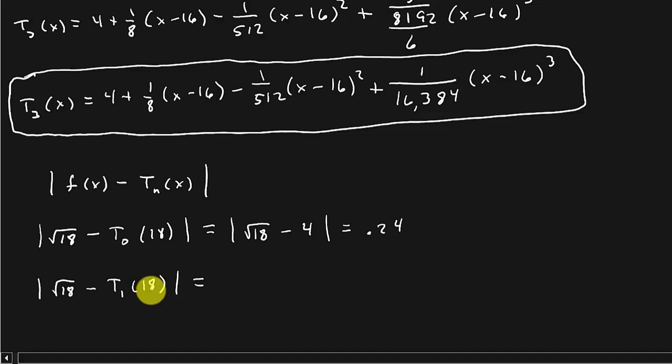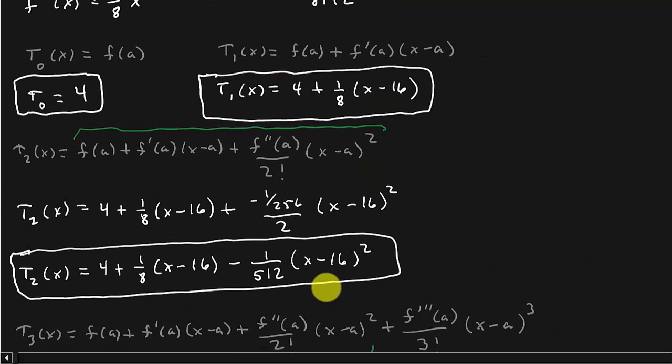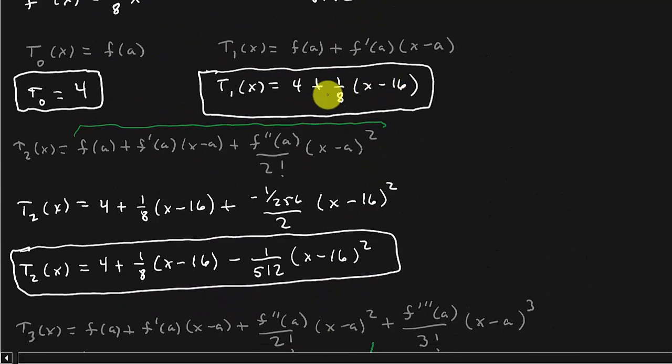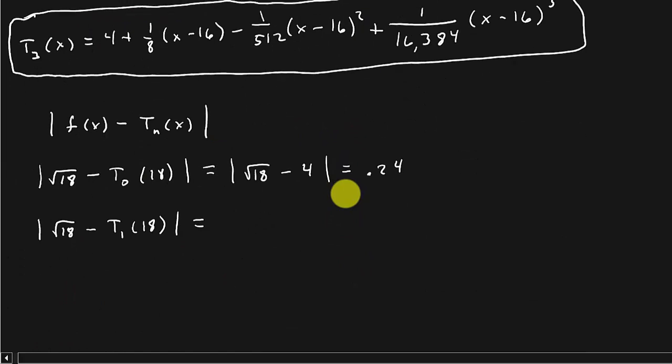So to find this, I'm going to take the 18 and plug it in here for x in T1, and then punch that into my calculator. And what that gives me is 0.0074. All right. And you can see how it gets better as we go.